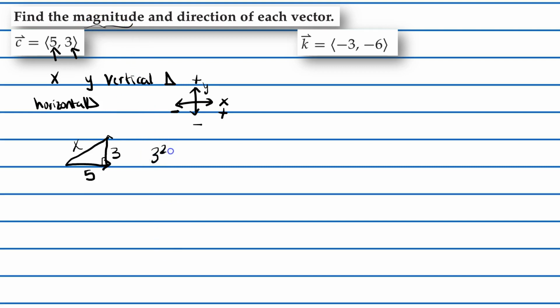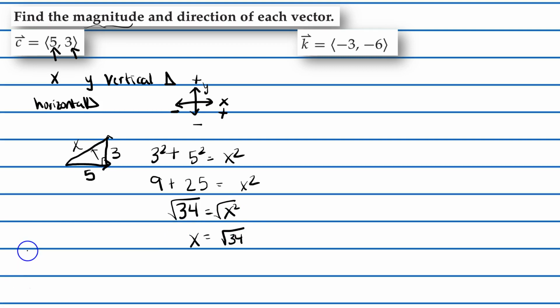So we're going to say 3 squared plus 5 squared is equal to x squared. 9 plus 25 is equal to x squared. 9 plus 25 is going to be 34, which is equal to x squared, square root both sides. So x is equal to the square root of 34, and you want to leave it as a square root.